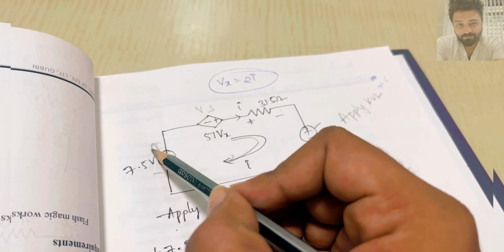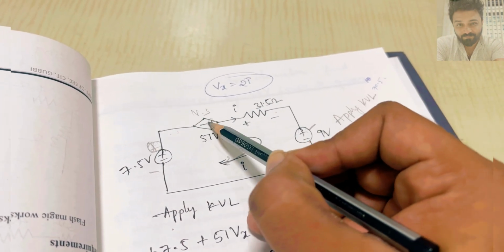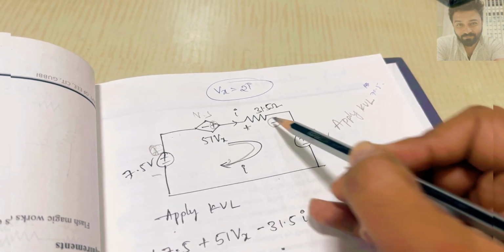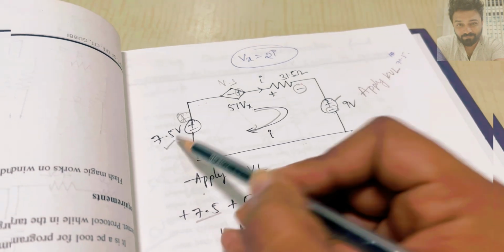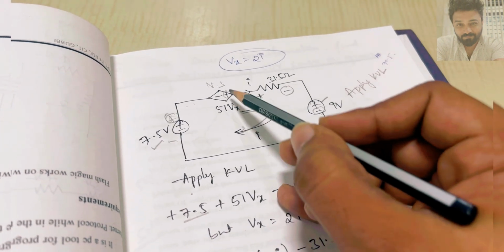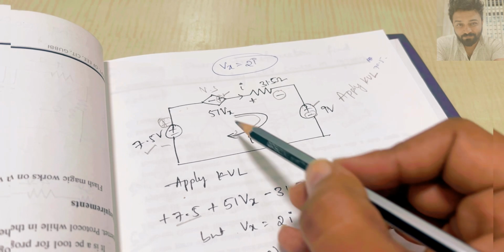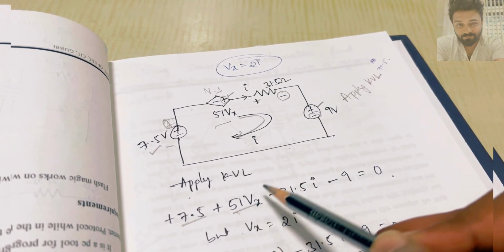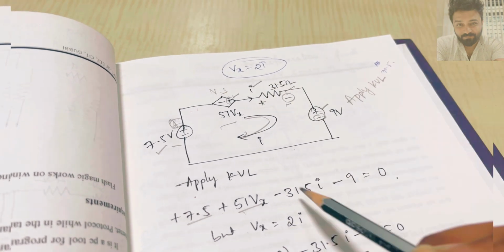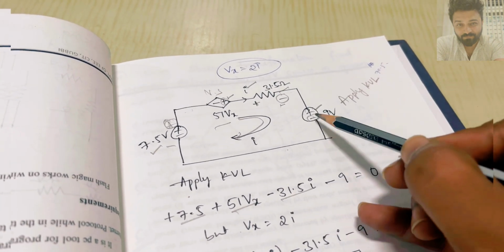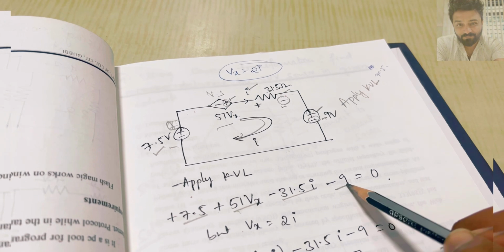Then by applying KVL based on the loop direction, I mark the second polarity. Then I write the equation: plus 7.5, by marking the polarity, plus 51 Vx as it is a voltage source, minus 31.5 into I, as the current flowing through it is I, minus 9 equals 0.